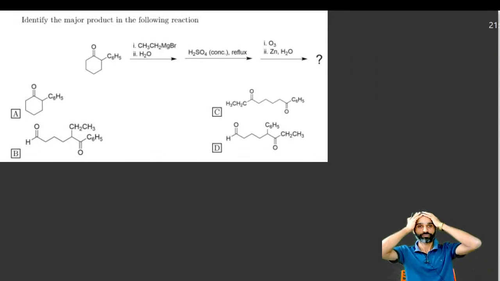Next, identify the major product in the following reaction. We have a ketone.